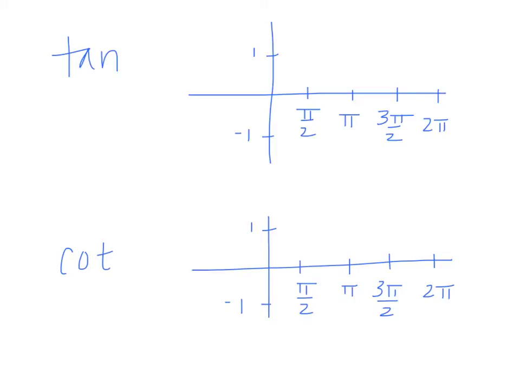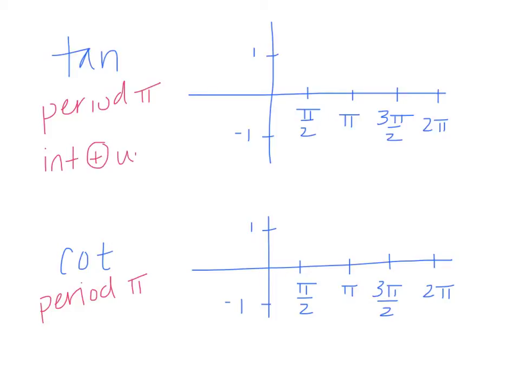Tangent and cotangent have periods of pi, unlike sine and cosine, which have periods of 2 pi. This means the tangent and cotangent graphs make one full cycle between 0 and pi. Tangent has an intercept at 0, then it has a positive point, it's undefined, it has a negative point, and then an intercept again.